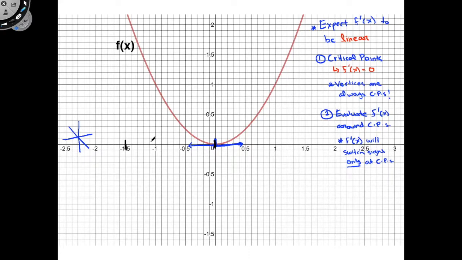Two main areas where we need to know what the sign of f prime of x will be. So this is interval number 1 and interval number 2. So we need to figure out what the sign of f prime of x will be on these intervals, okay?